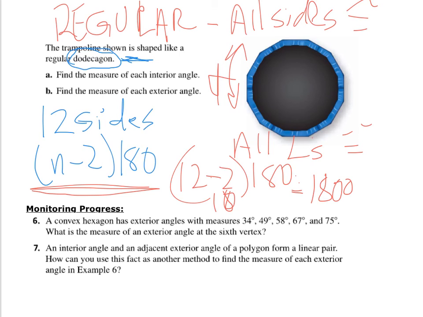So our trampoline here that has 12 sides, the 12 angles here need to add up to 1,800 degrees, right? But here's the thing. They just don't want to know the total degree measure. Again, look at the problem. Find the measure of each interior angle. Do you understand why we can find the measure of each interior angle?